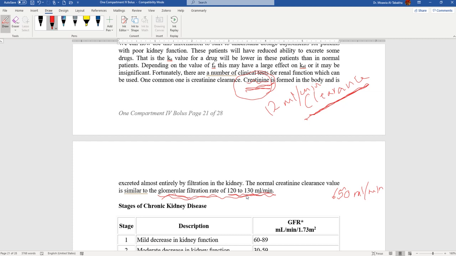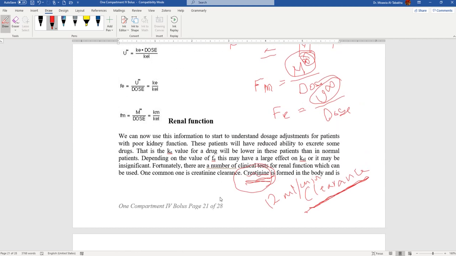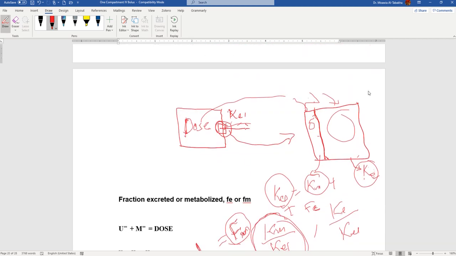Measure means determine exactly. Estimate means approximately. The creatinine can give me an approximate glomerular filtration rate. If I am able to do that, I will be able to know how the kidney functions. And if I know how the kidney functions, I will know the effect.